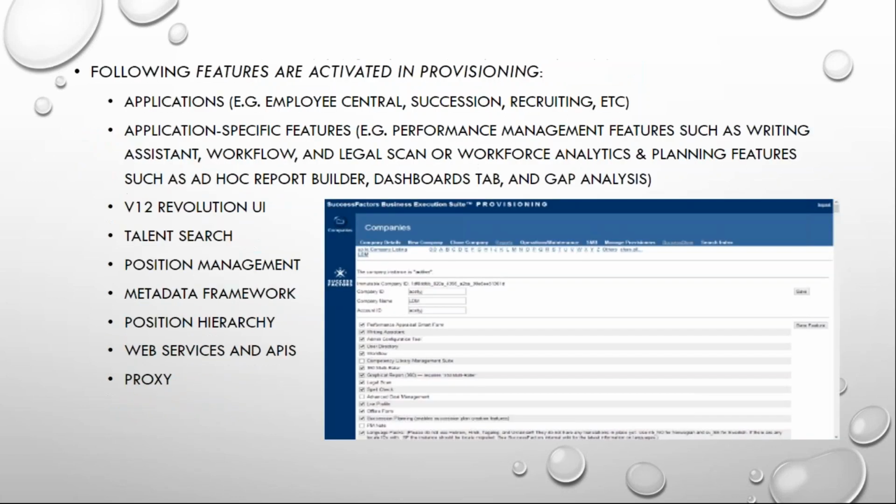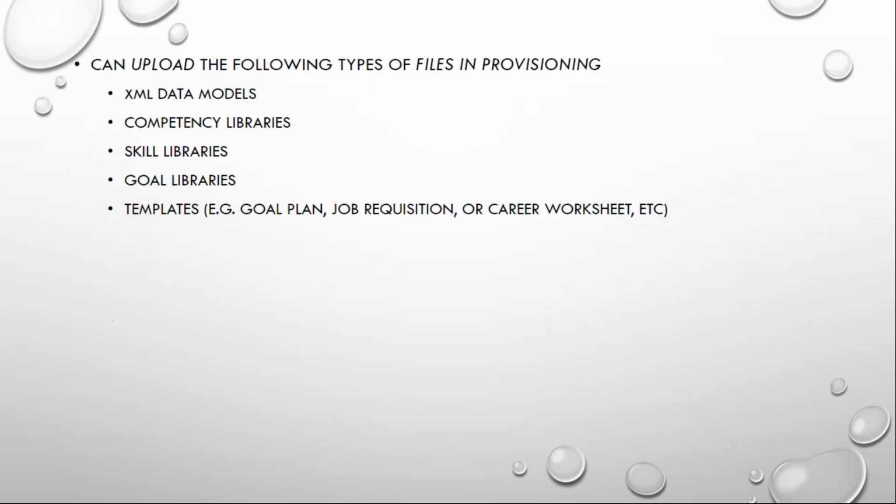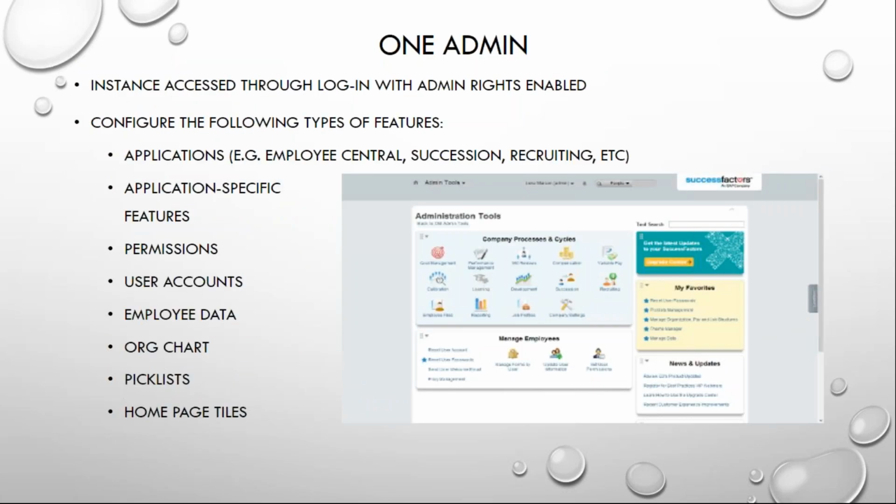Establishing integrations, activating modules, activating specific languages, the activation part and the templates upload happen in the provisioning system. In admin center, all the configurations will happen. Permissions will be set, user data will be uploaded.